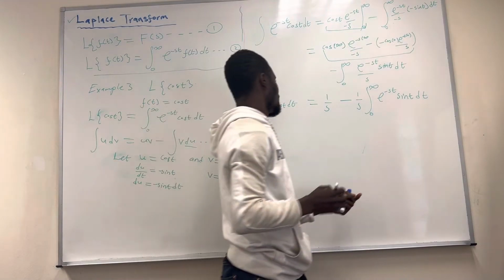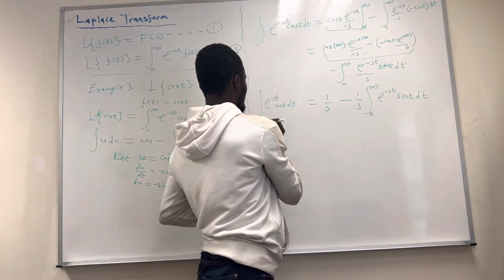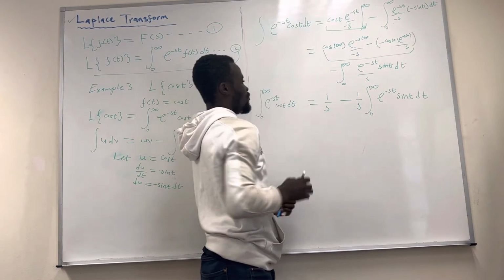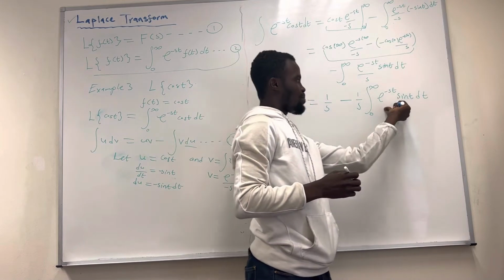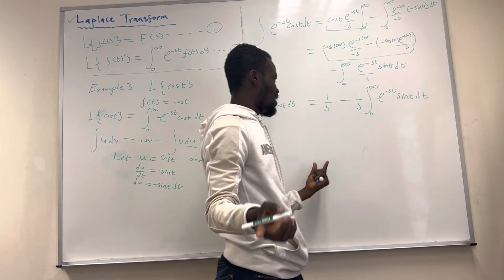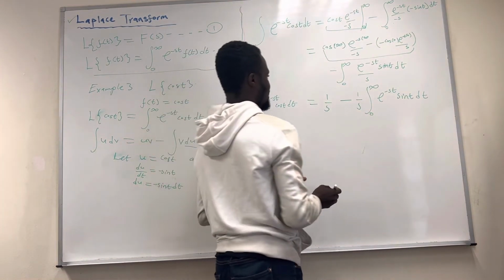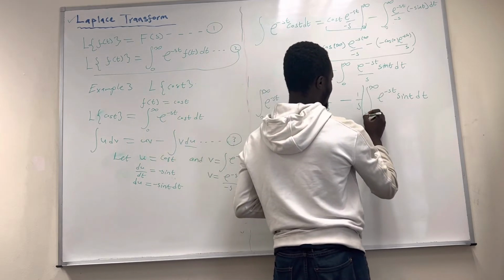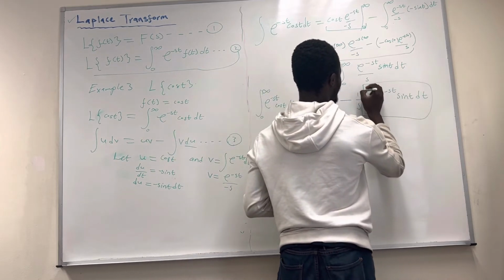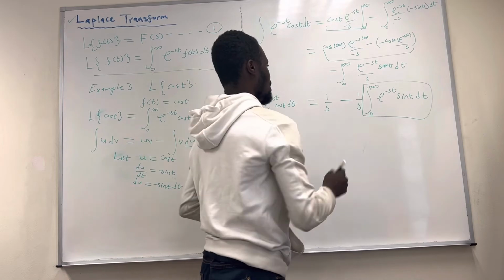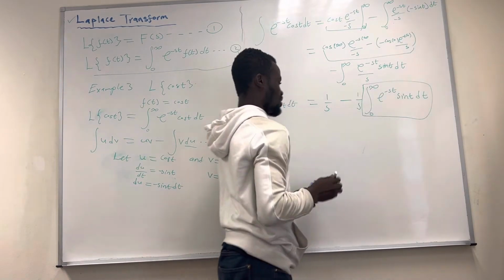Okay, so now we also apply integration by parts again for this one, then we get a final answer. So if you do that, let's go and find this one somewhere and substitute it later on. Okay, so we are working on only this one.